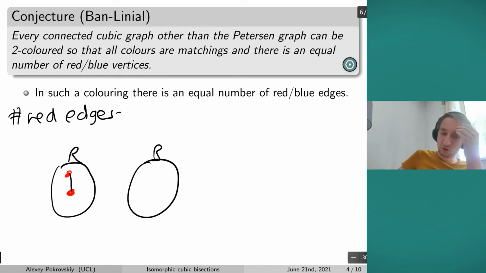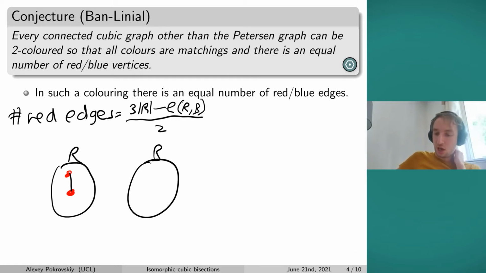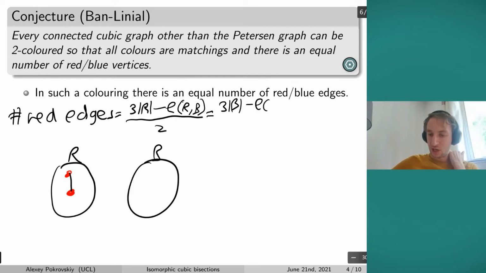This is going to be equal to 3 times r, which is the number of edges leaving r, minus the number of edges going between r and b, divided by 2 because you're double counting all red edges in this expression. And of course, because r and b have the same size, this is equal to 3 times the number of blue vertices, minus the same number of edges between r and b, divided by 2, which is equal to the number of blue edges.